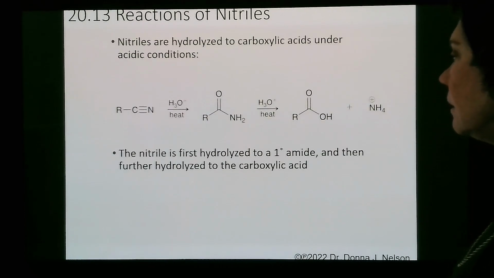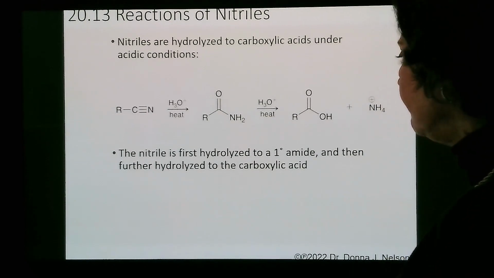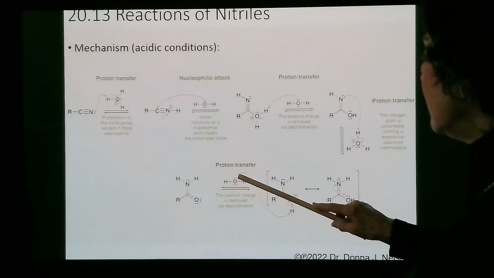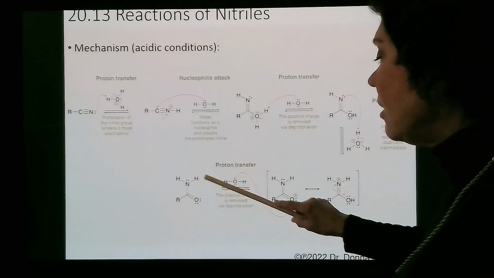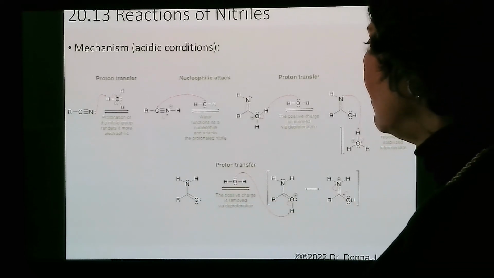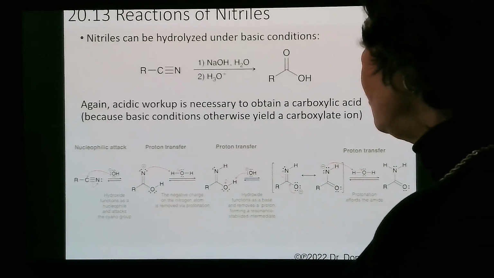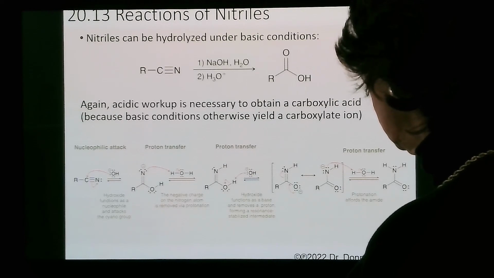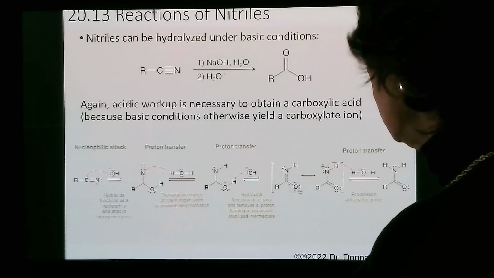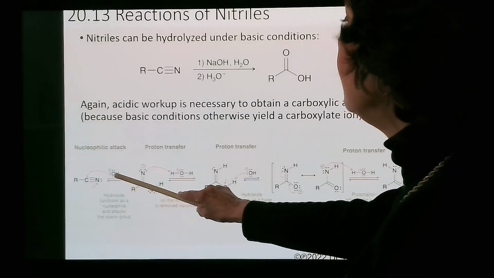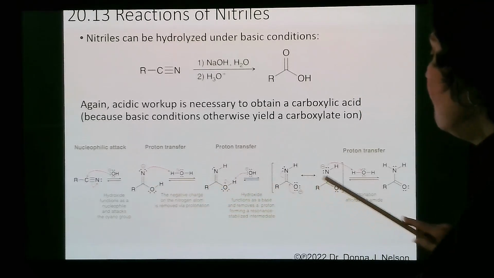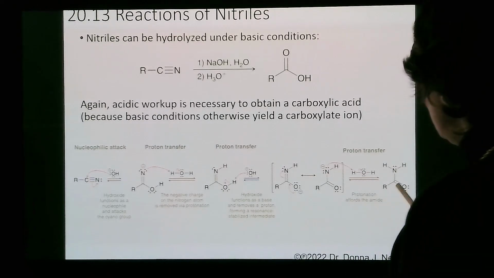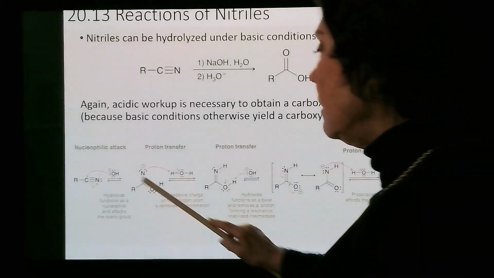Let's go back and look at something. Okay, so we have gotten as far as the amide. And so this shows the basic conditions for hydrolyzing the nitrile to the amide.